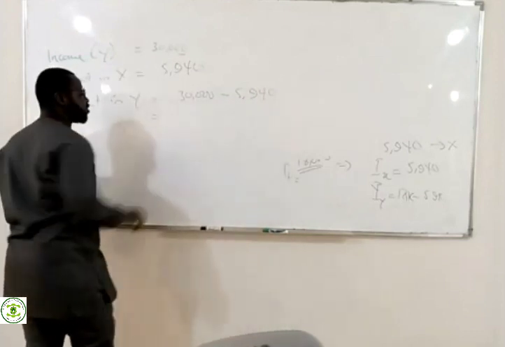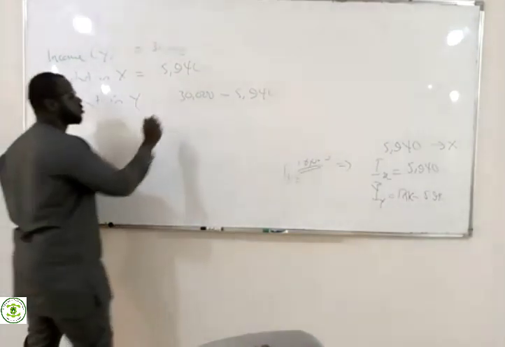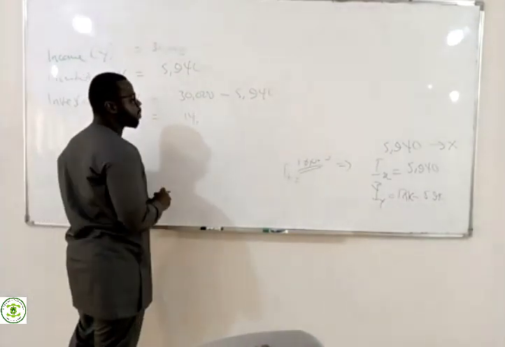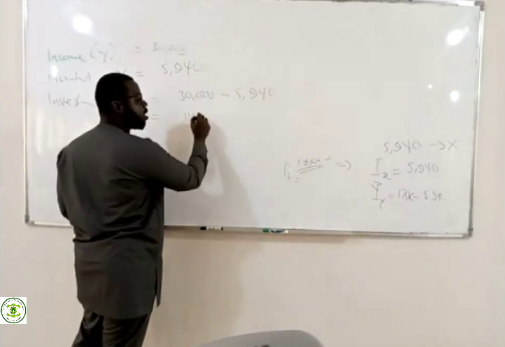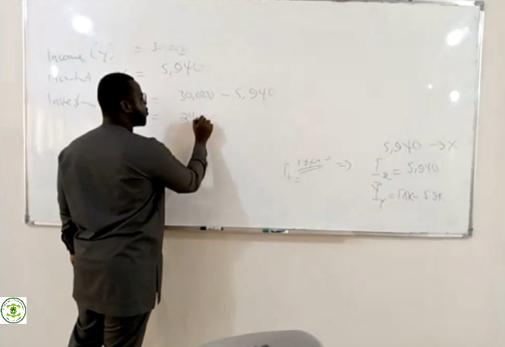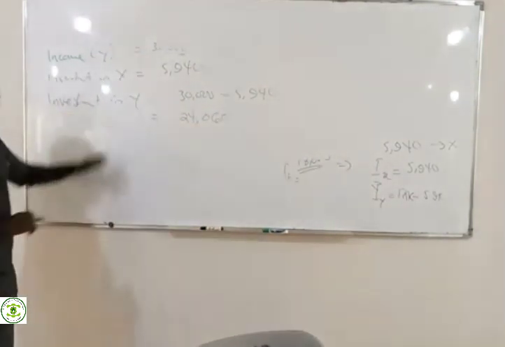So 30,000 minus 5,940 will give us 24,060. So this is how much he's investing in Y.